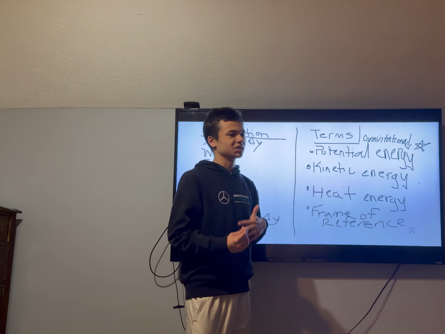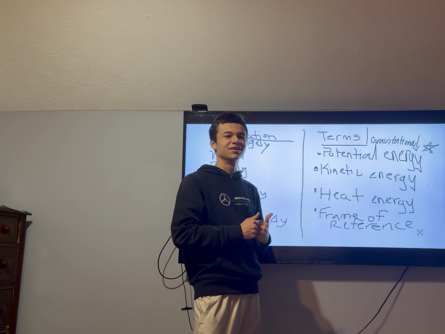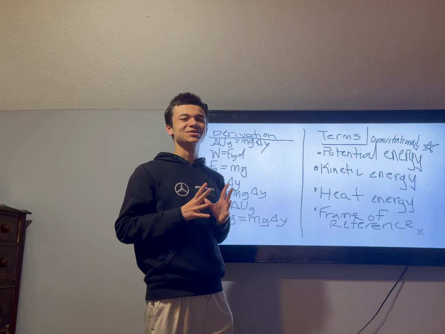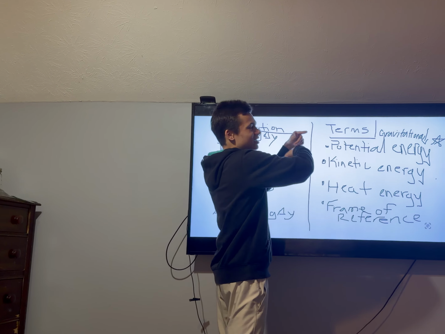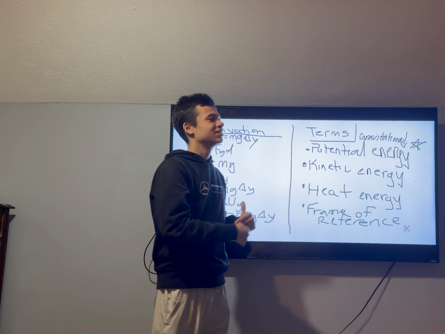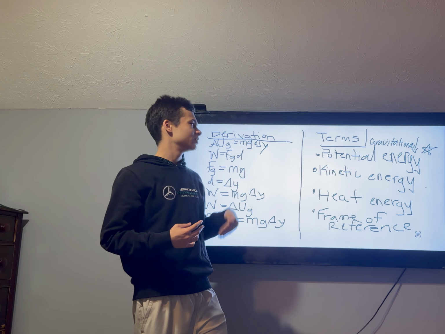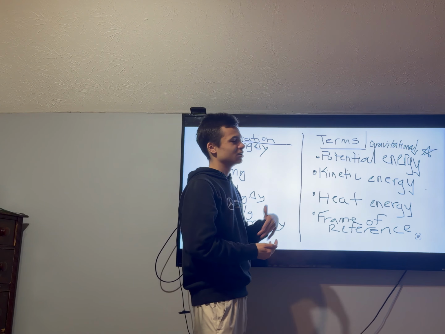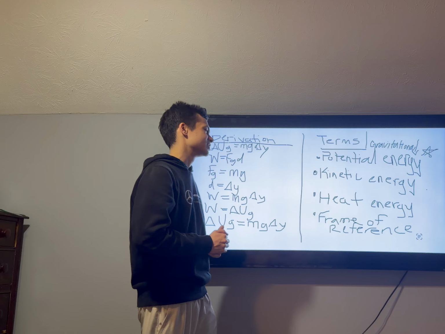And so once he's at the bottom, he decides he wants to go back up the hill, okay? And once he goes back up the hill, he's turning this kinetic energy back into gravitational potential energy, because he's going up, and going back to where he started. Now, this all depends on the frame of reference, okay?